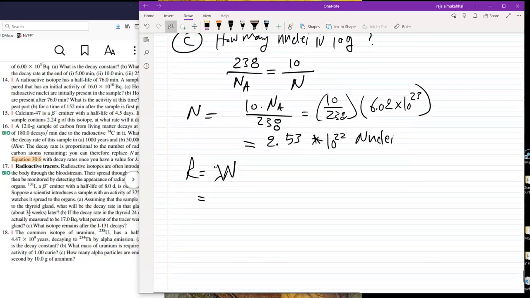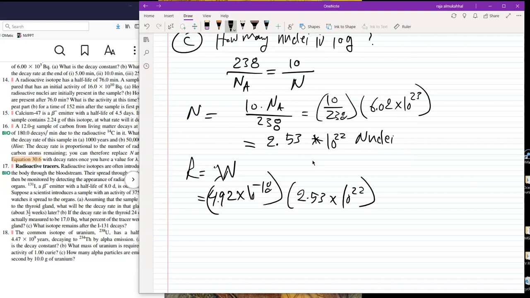Lambda is equal to 4.92 times 10 to the negative 18. Multiply this by 2.53 times 10 to the 22nd. So the activity rate is going to be 1.24 times 10 to the 5th decays per second. And there we go.